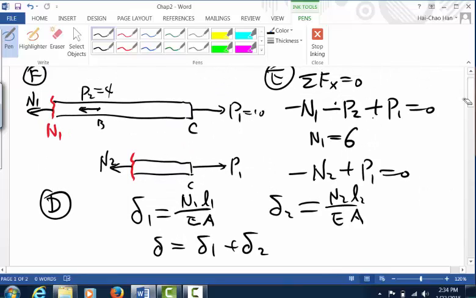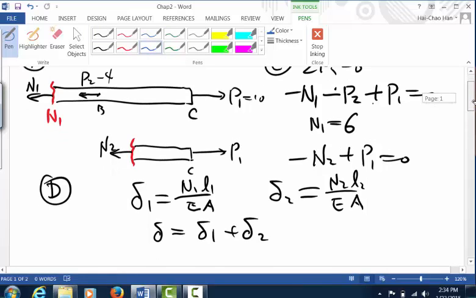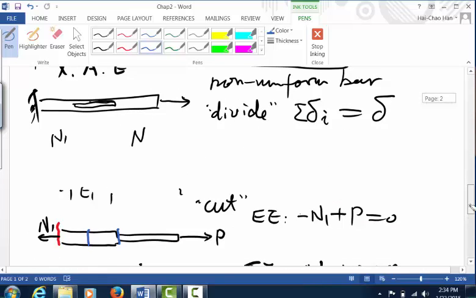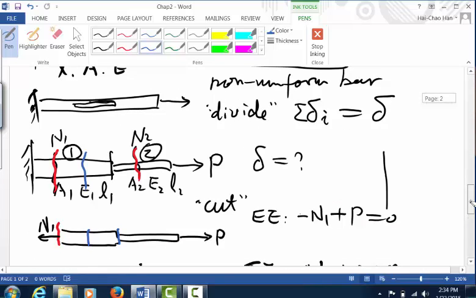Okay, any questions for this one so far? Okay, what's the L1, what's the L2? Actually, I need to go back to this original drawing here.